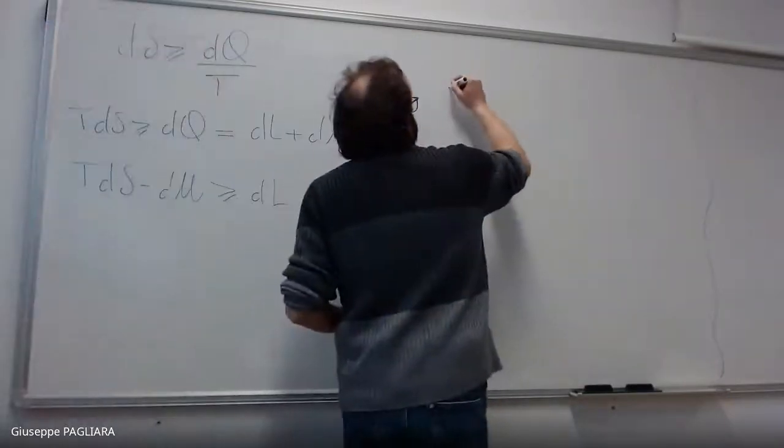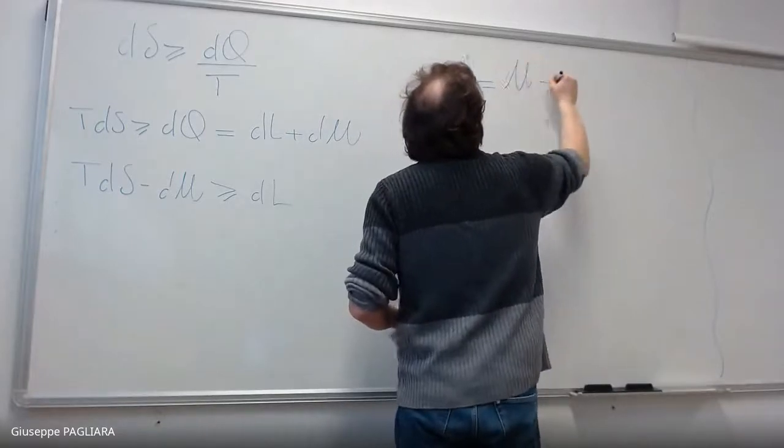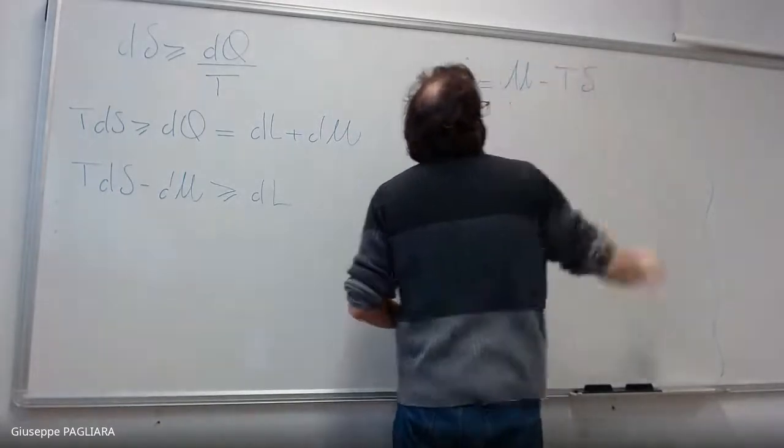Now, let me write again the Helmholtz free energy. The Helmholtz free energy was U minus TS.